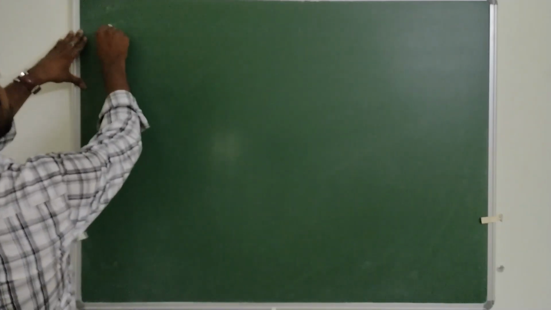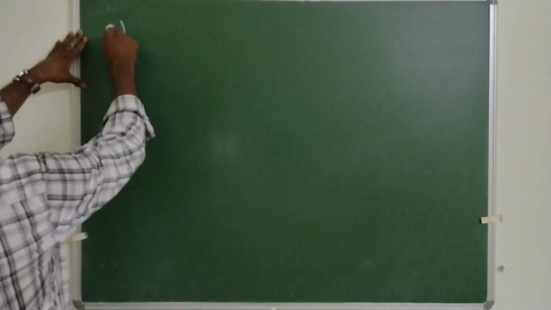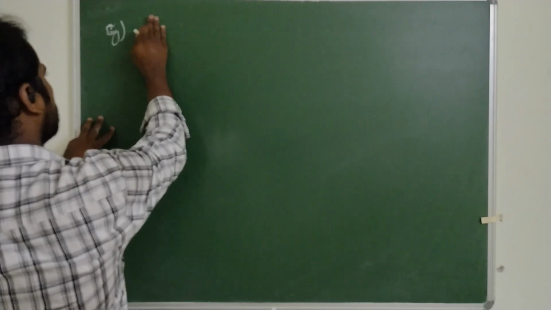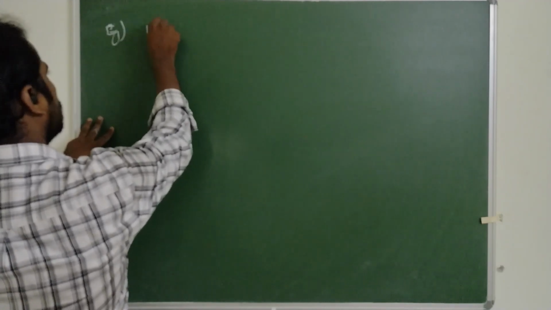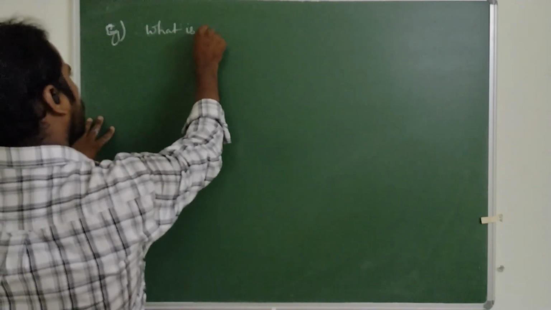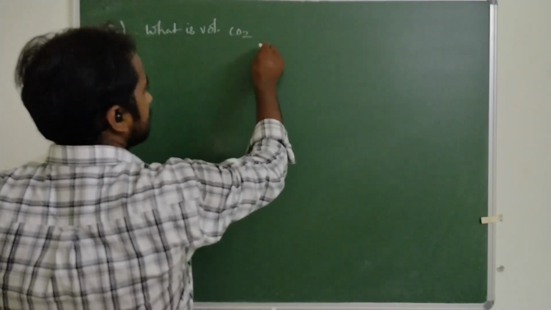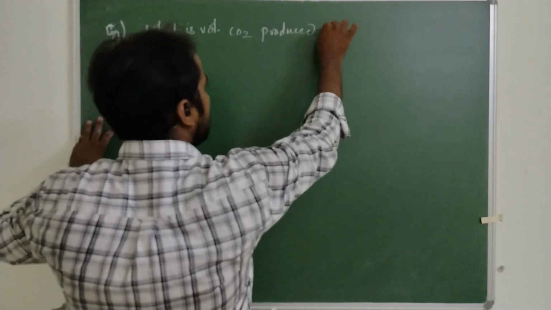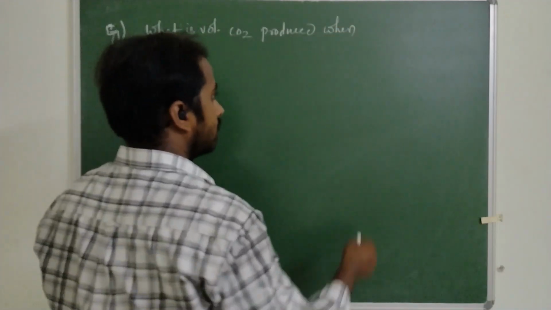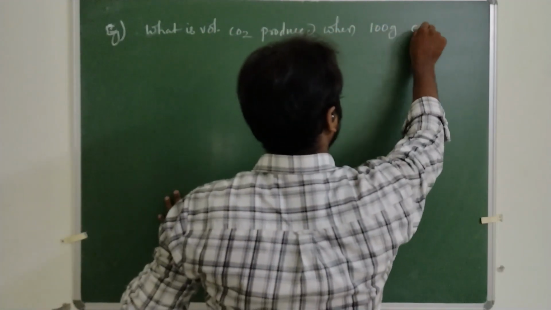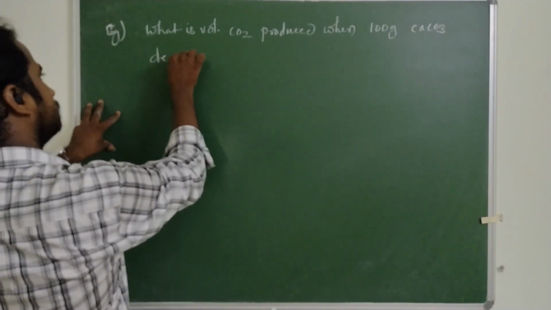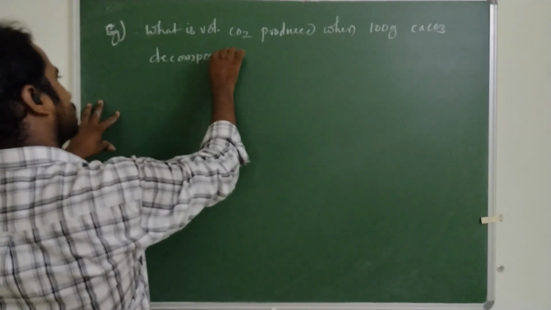Another example. What is the volume of carbon dioxide produced when 100 grams of CaCO3 is decomposed?